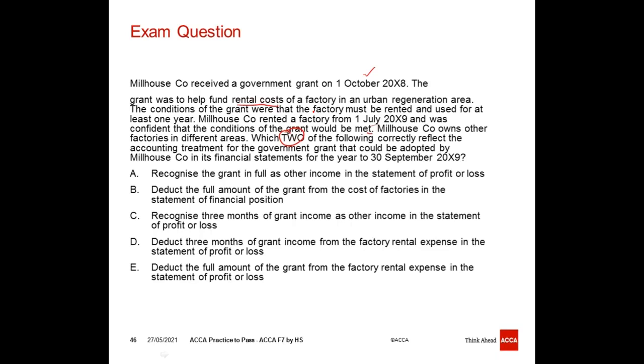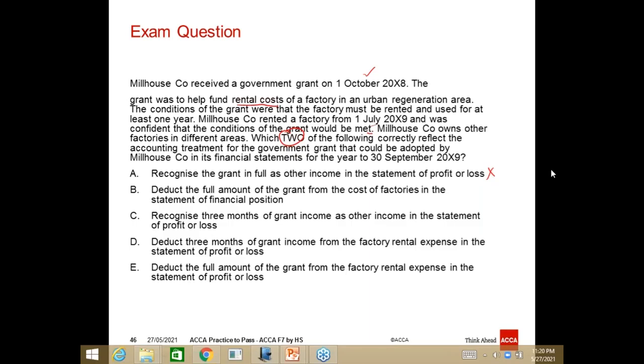Recognize the grant in full as other income in the statement of profit and loss. No. Deduct the full amount of the grant from the cost of the factories in the statement of financial position. Yes, this could be done because it's a grant related to an asset.